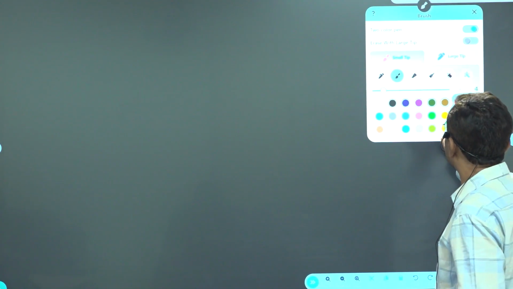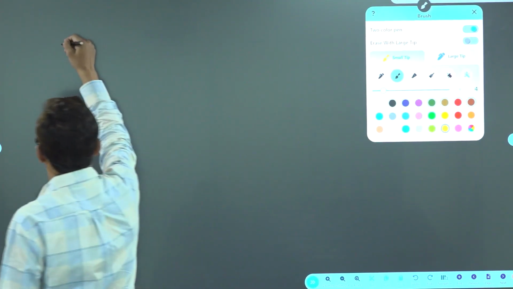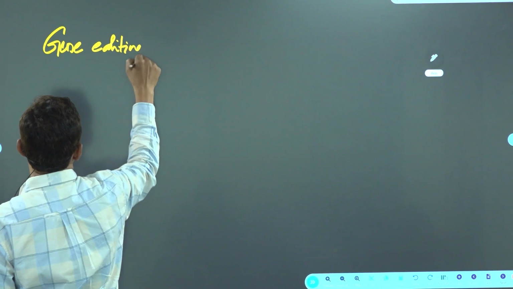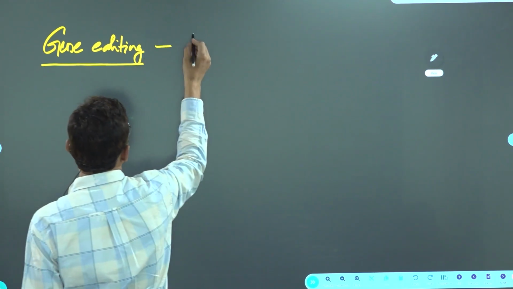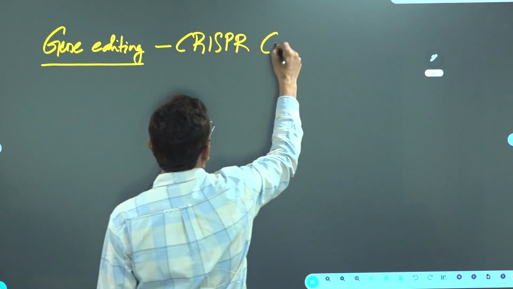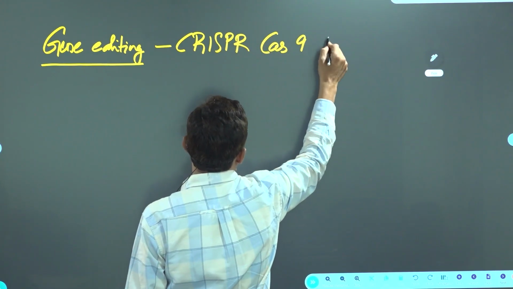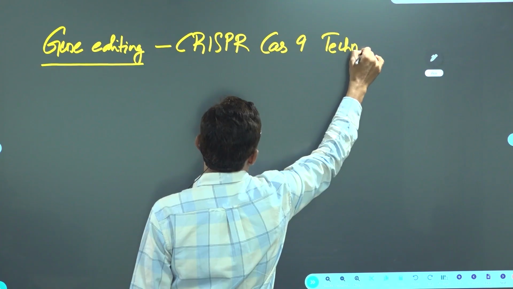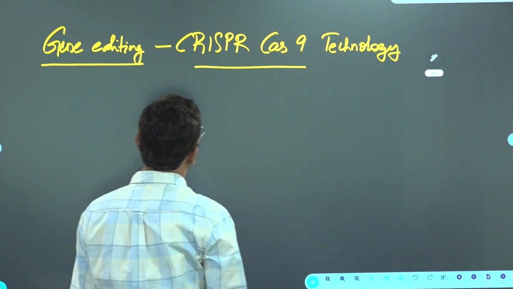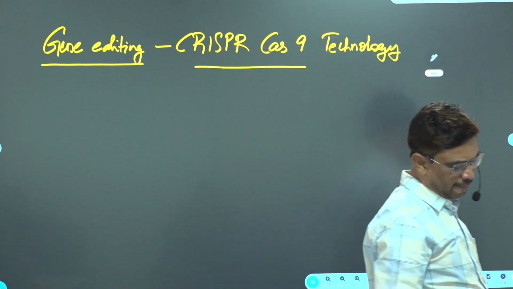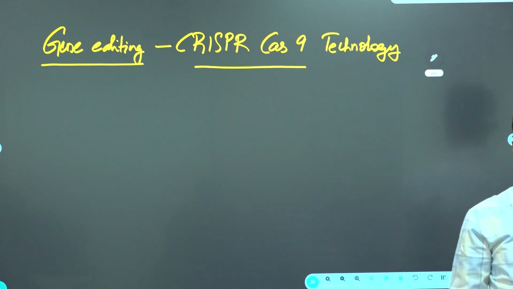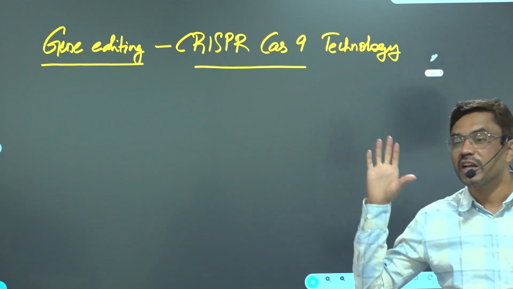Gene editing by CRISPR-Cas9 technology. This was given in the previous exam. A simple question was given: which of the following is a gene editing mechanism?